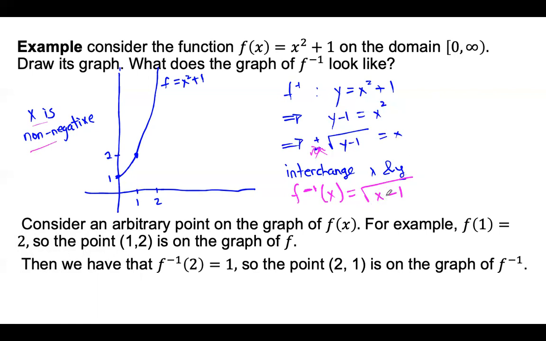When x is 0, well, that's not defined. Okay. So when x equals 1, 1 minus 1 is 0, square root of 0 is 0. So here's your first point. 2 minus 1 is 1, take the square root of 1 is 1. So that's your next point. And then you could do some more points if you wish, and connect the dots. It's something like this.